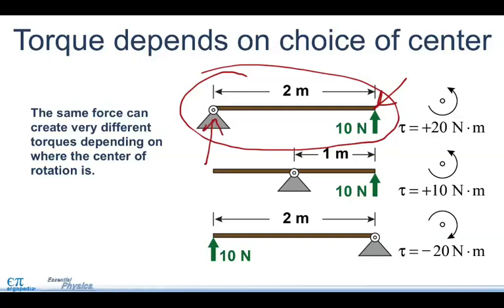And there's a distance of 2 meters separating the two. The perpendicular distance between the line of action and the pivot is 2 meters. So the torque is going to be the product of the force and the moment arm. So 10 times 2 is 20. And since it's trying to make it rotate in the counterclockwise direction, that will be a positive torque.